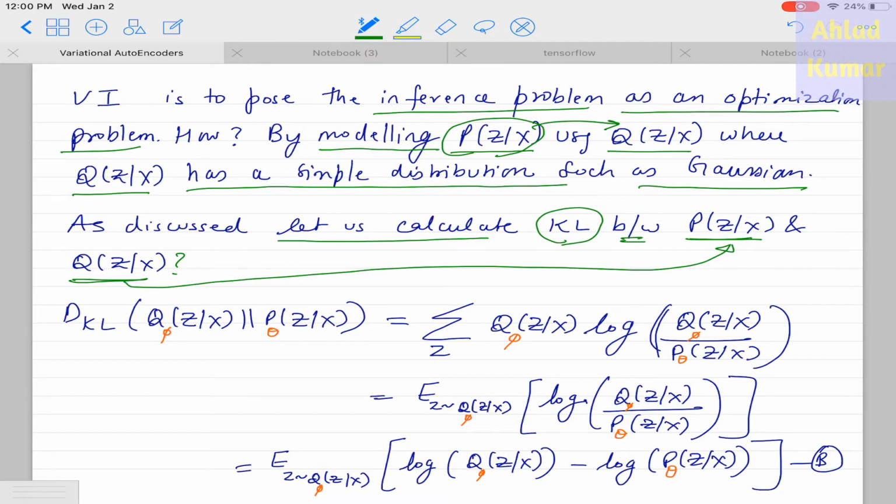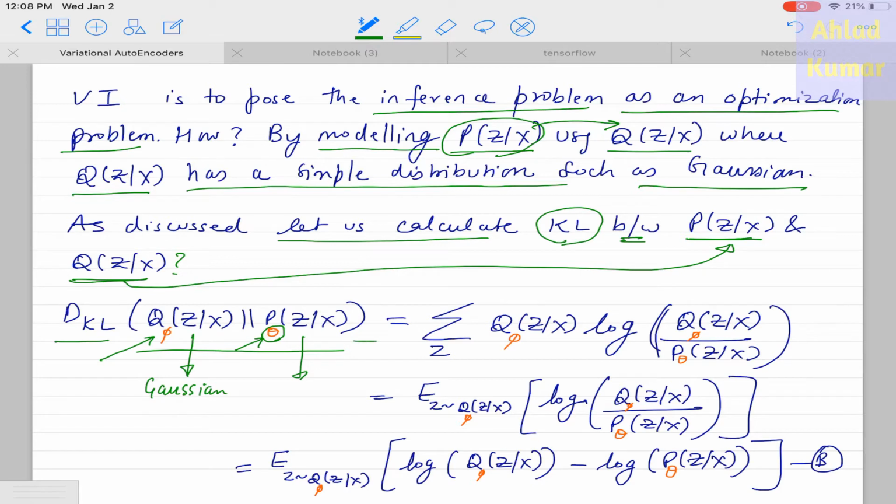As you may recall from my earlier lecture, consider the KL divergence between the two probability distribution functions here. Please note the subscripts: one is q of phi and the other has theta, so you have to keep track of these subscripts. We are trying to find the KL divergence between a simple Gaussian distribution, represented by q phi of z given x, and p theta of z given x, which is the one we are trying to approximate.